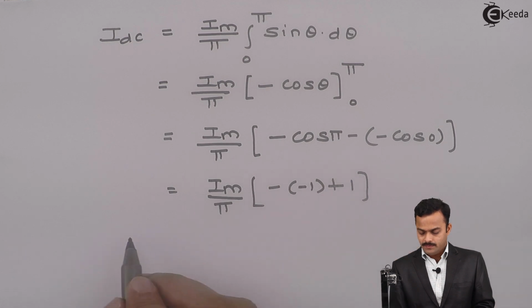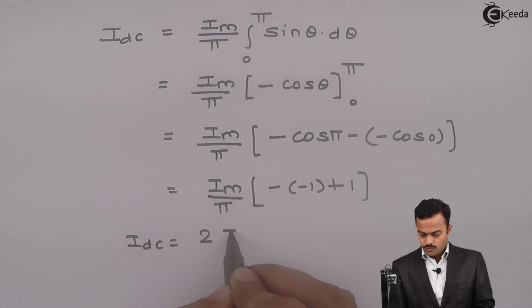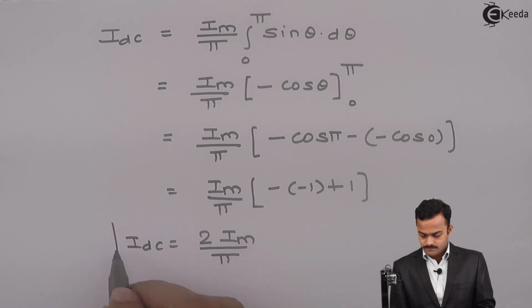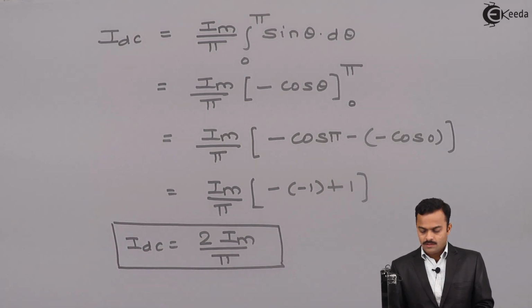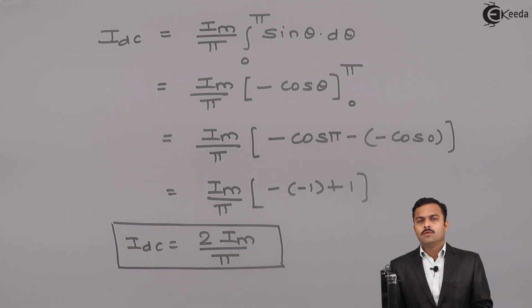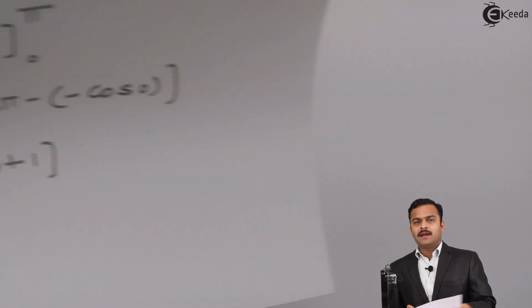So ultimately it will be 2 Im upon pi. So this is the average value or DC value of output current for full wave rectifiers, whether it is center tap or bridge. Let us move ahead to next parameter, and that is RMS value of load current.